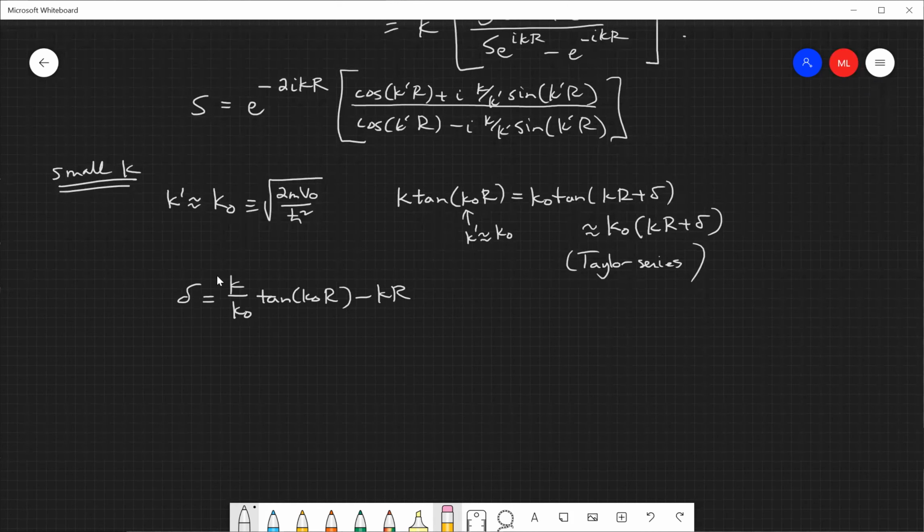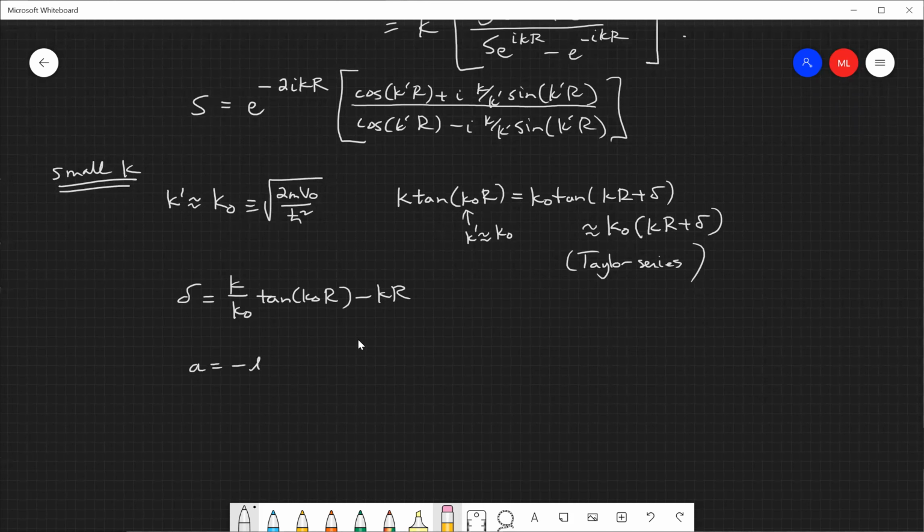So if we look here, as k goes to 0, the delta vanishes. So that's good. It's consistent with our Taylor series thing. And moreover, you see when we divide by k, we actually just get a number. So in this case, the limit is really quite easy for the scattering length.